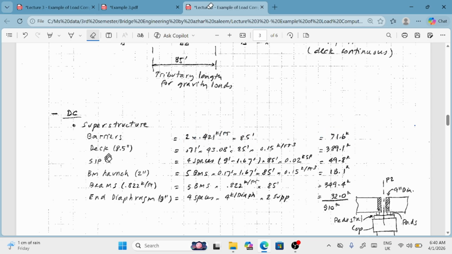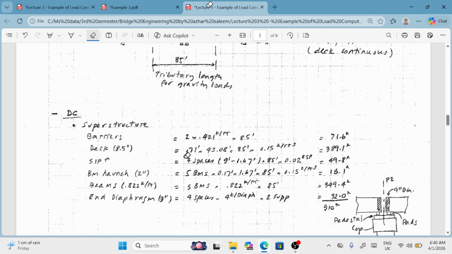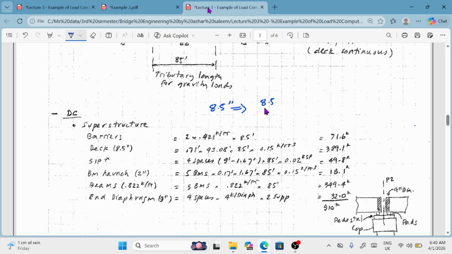Okay, and after the barrier, we have to compute this deck load. Okay, so deck load is 8.5 inch. It is in inch. If I convert it into foot, 8.5 divided by 12, it will become equal to 0.71 feet.